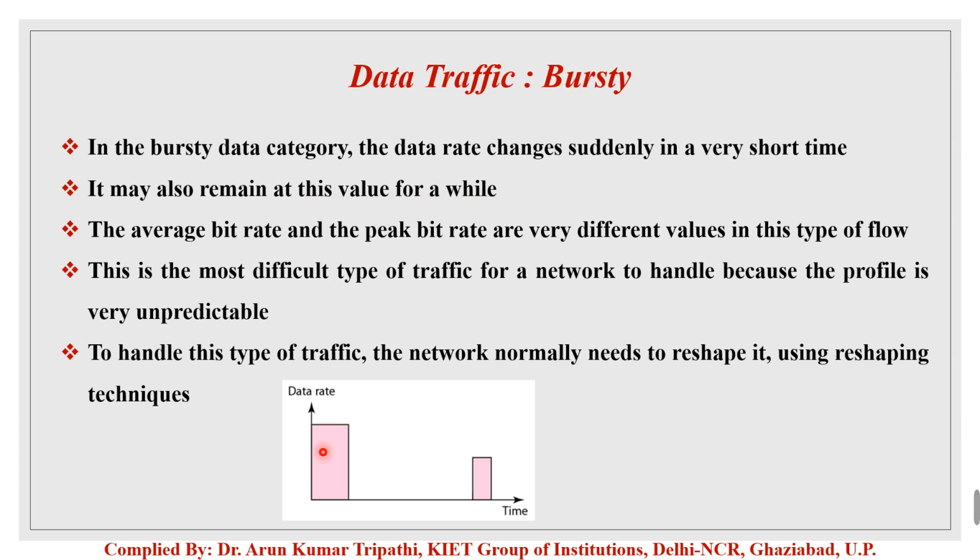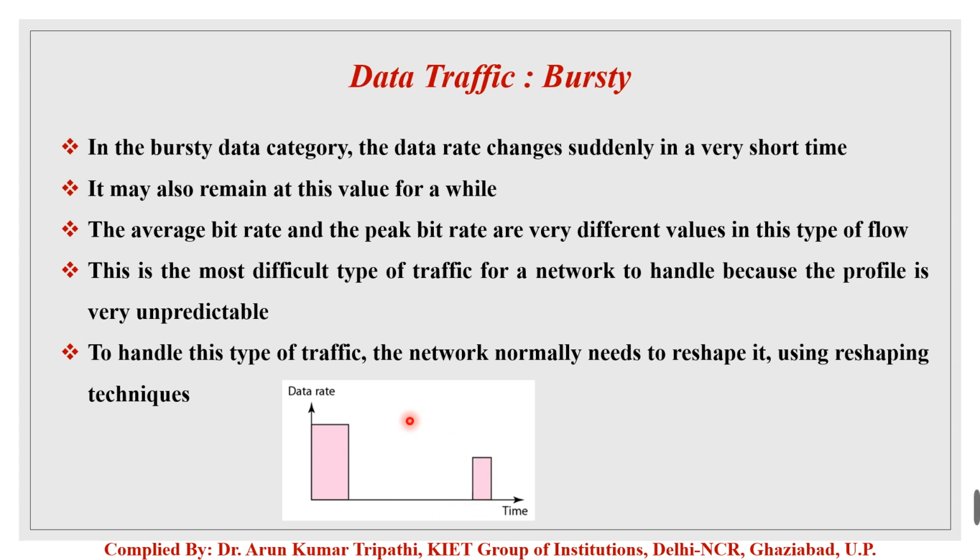For example, for 2 seconds the data rate was 20 Mbps. Then after that it is idle, there is no data flowing. That means the data rate is zero for 10 seconds, and again for 1 second it is 5 Mbps.